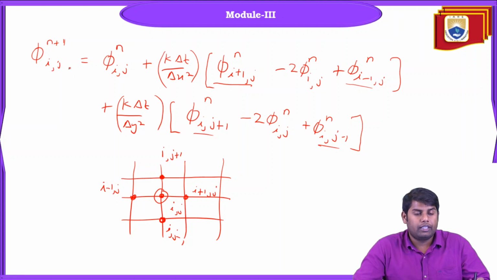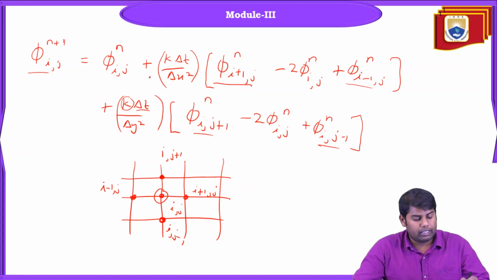To solve this unknown term, initially we will know the values of phi of i plus 1 comma j to the power of n, phi of i minus 1 comma j to the power of n, phi of i comma j plus 1 to the power of n, and phi of i comma j minus 1 to the power of n. These values are known initially. Once we know that, we calculate. The constant is known, and delta t is the time step.